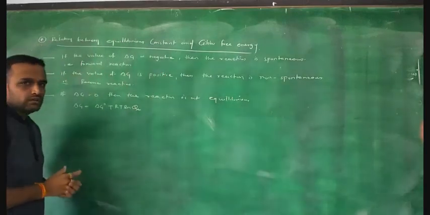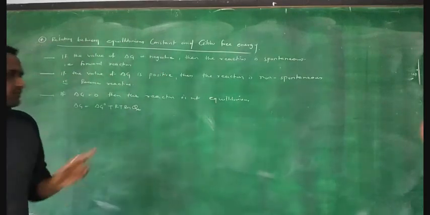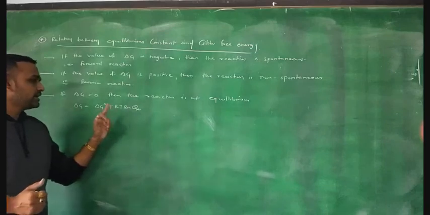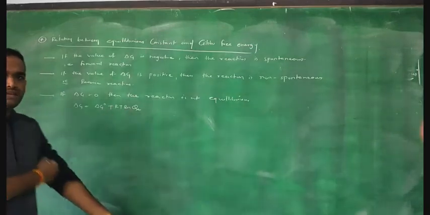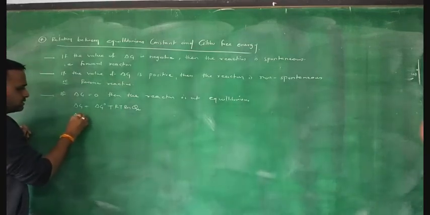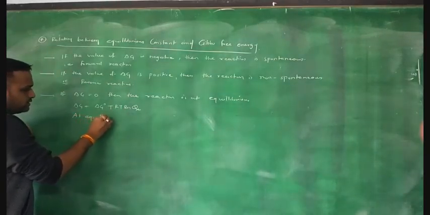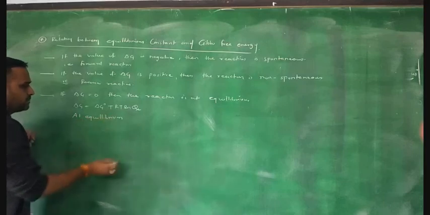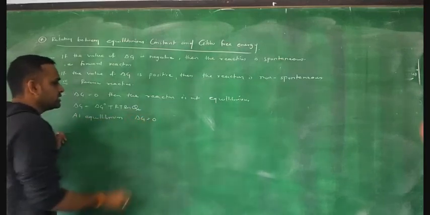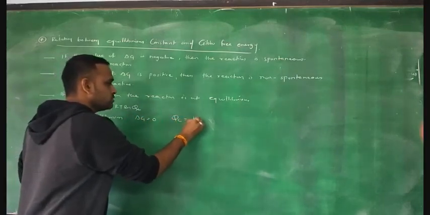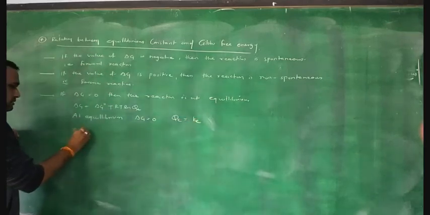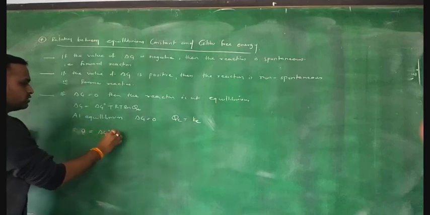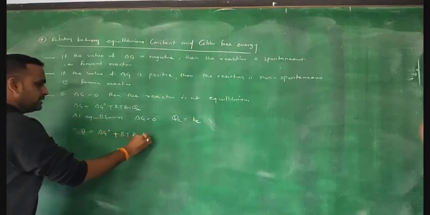So I can write down that delta G, that is Gibbs free energy, delta G0 the standard free energy, R the gas constant, T temperature, and QC, that is the quotient, right? And at equilibrium, I can say delta G equals 0 and QC equals KC. So right now, delta G, that is 0, equals delta G0 plus RT ln KC.